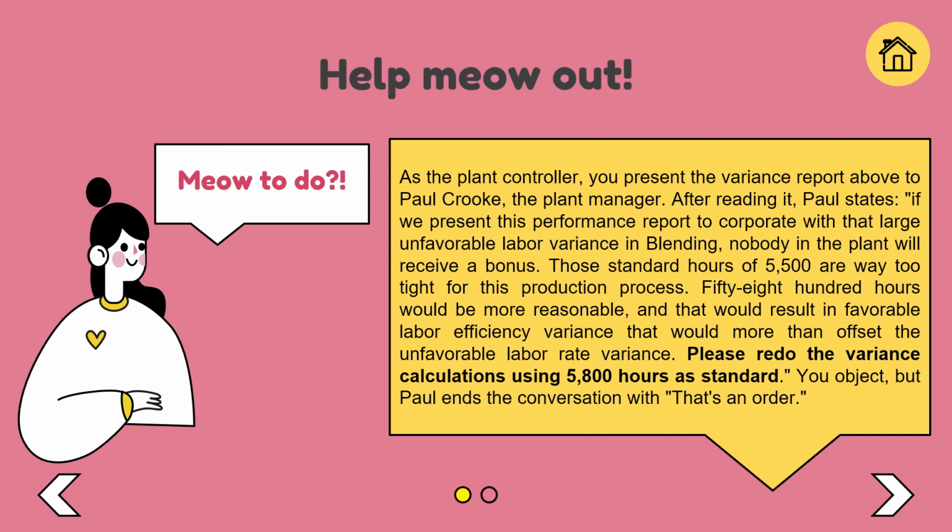Those standard hours of 5,500 are way too tight for this production process. 5,800 hours would be more reasonable, and that would result in a favorable labor efficiency variance that would more than offset the unfavorable labor rate variance. Please redo the variance calculations using 5,800 hours as standard. You object, but Paul ends the conversation with, that's an order. Meow to do.